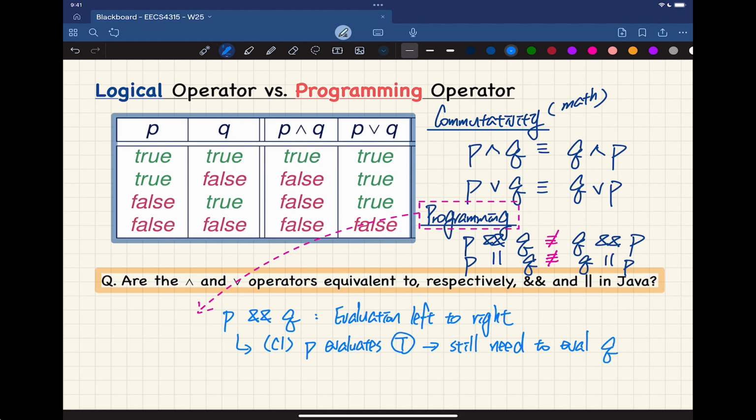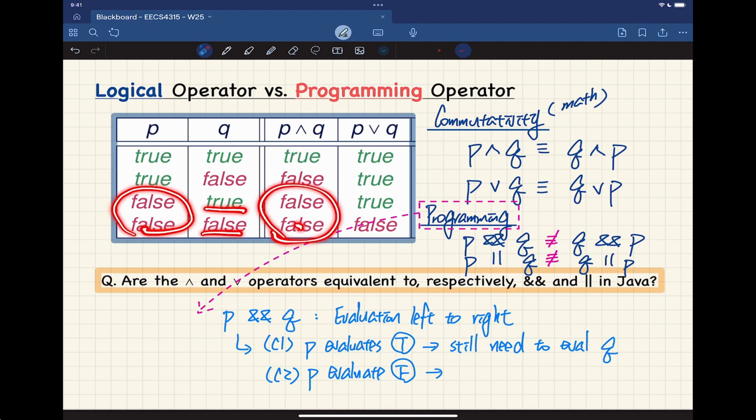Case number two, if P evaluates to false, according to the truth table, you can see that if P is already false, it doesn't really matter what Q is. It will just be false anyway.